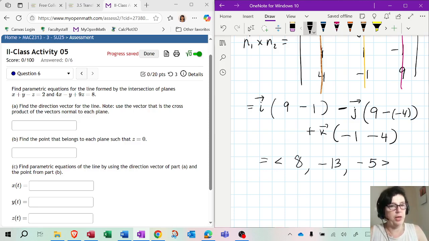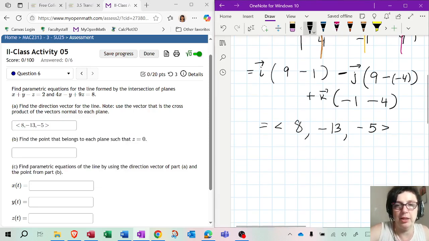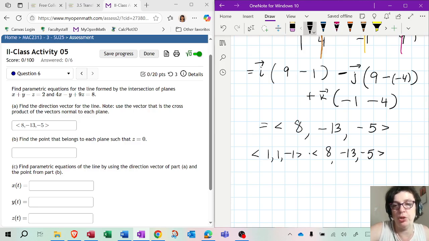Let me check that part to see if it's correct. Another thing I can do to check is take the first vector and find the dot product with the cross product, and that should be 0. If it's not 0, then that's wrong. So 8 minus 13 plus 5 is indeed 0, so that works.